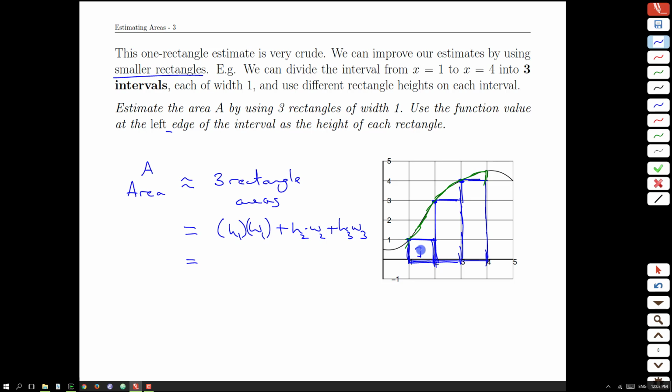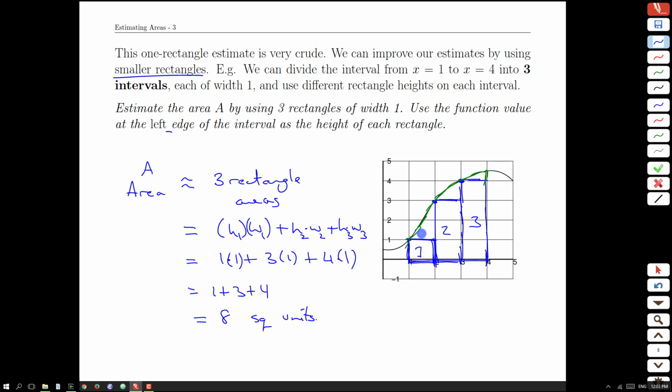In this first rectangle, the height is 1 and the width is 1 as well. On the second rectangle, the height is 3 and the width is 1. In the third rectangle, the height is 4 and the width is 1. To keep it consistent here. So that gives us 1 plus 3 plus 4, or 8 square units.